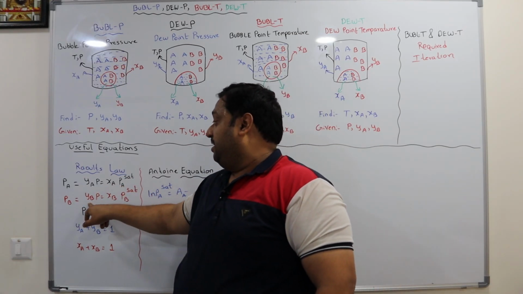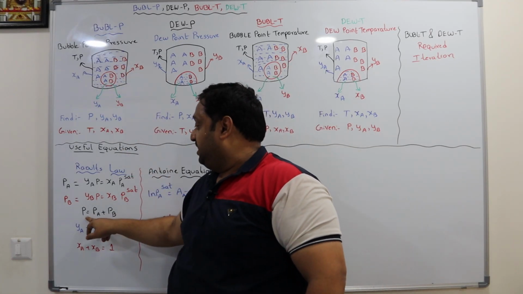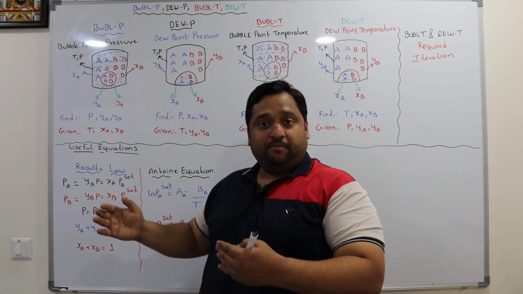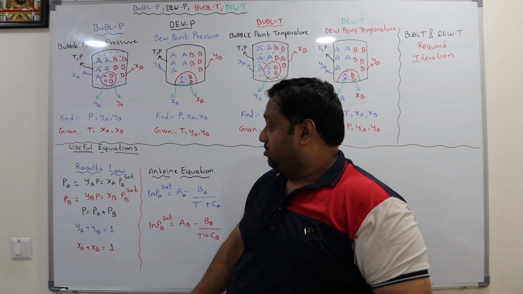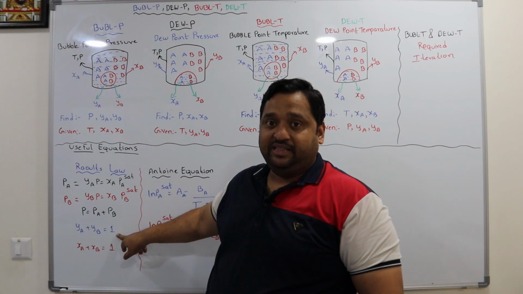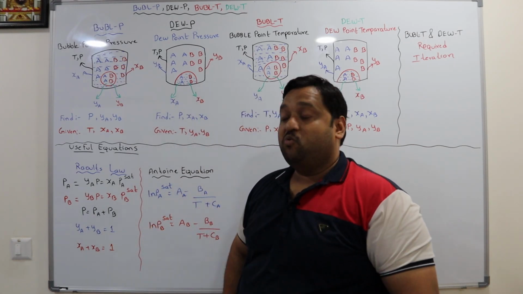Partial pressure of B is equal to YB into P, which is XB into PB sat. Total pressure is nothing but partial pressure of A plus partial pressure of B. Primarily in the lectures we are dealing with binary solutions, so YA plus YB equals 1, the fraction of A plus the fraction of B in the vapor is equal to 1, and the fraction of A plus the fraction of B in the liquid is equal to 1.